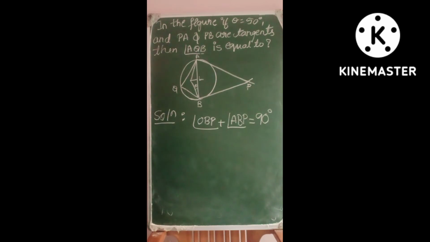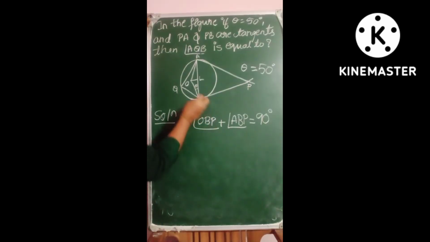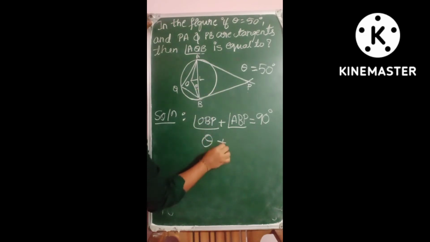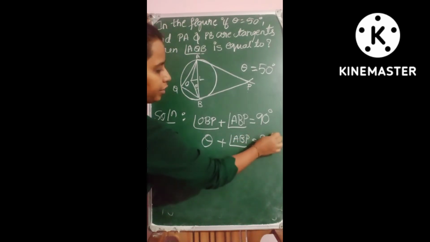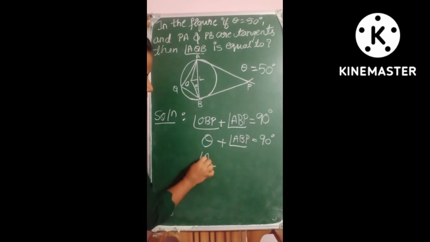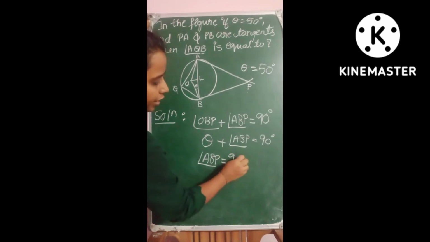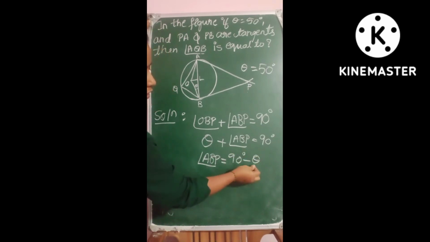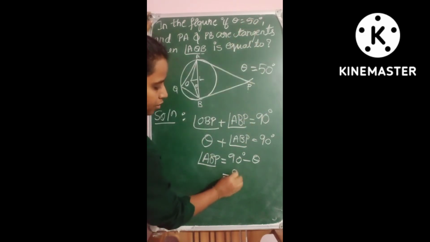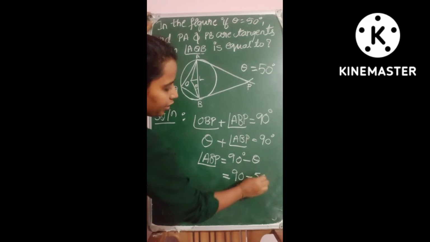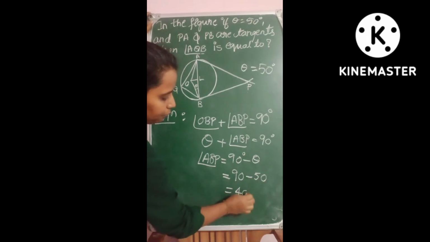Okay, so here angle OBP is equal to theta, plus angle ABP we don't know, let it be as it is. ABP is equal to 90 degrees. Then we can write angle ABP is equal to, taking this to the other side, it becomes 90 minus theta. The theta value is already given in the problem, so substitute it. 90 minus 50 becomes 40 degrees.